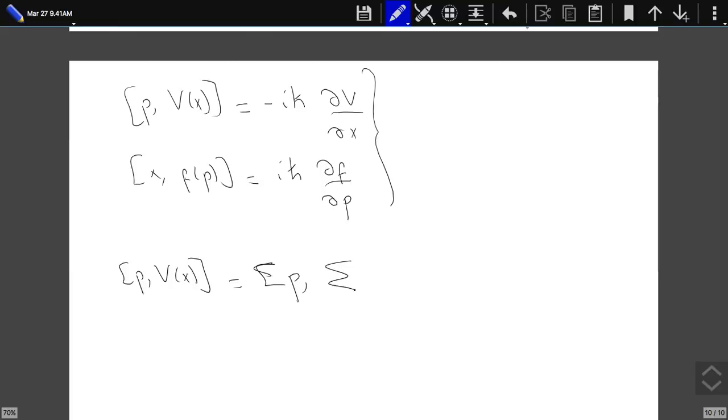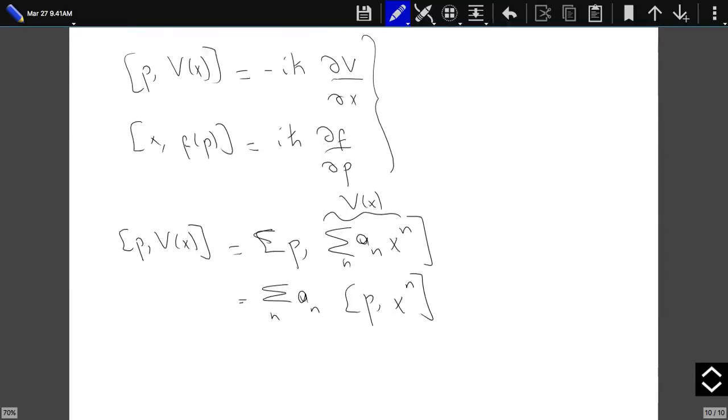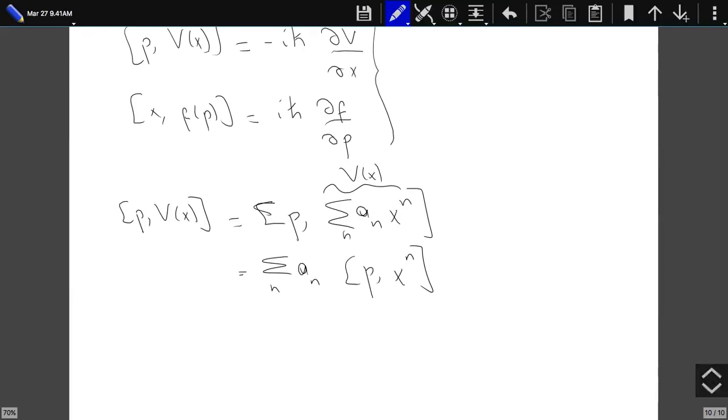Keep in mind, functions of operators we always interpret in terms of a Taylor expansion. This is my V of x, equal to the sum over n of a_n x to the power n. Now, the commutator of p with x to the power n.